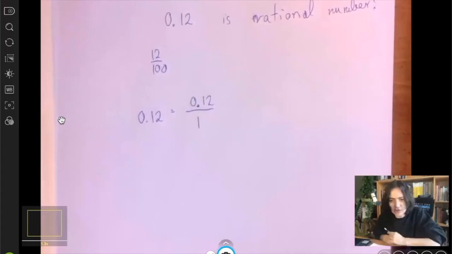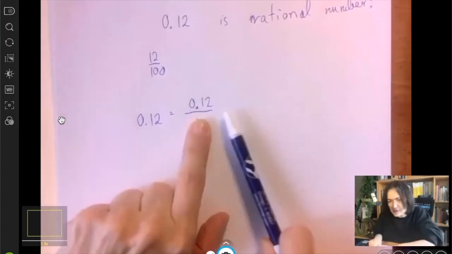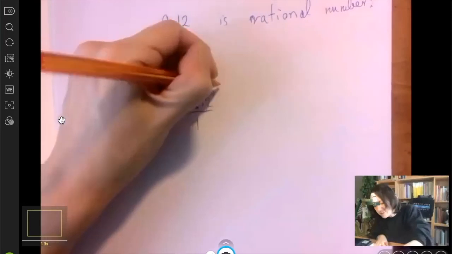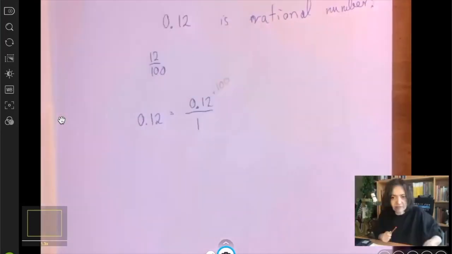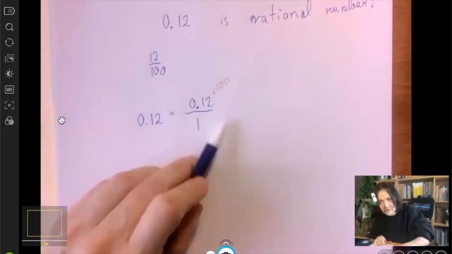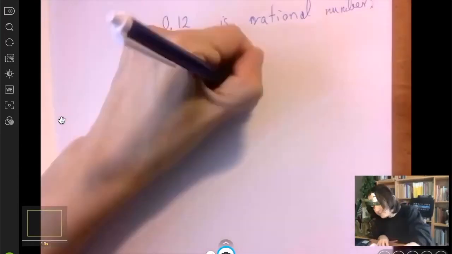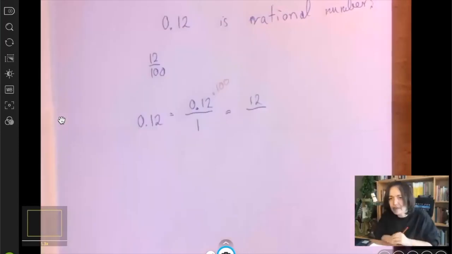So what number would you want to multiply this by so that after multiplication, it's an integer? I'd go with 100, right? If we multiply this number by 100, we get 12. Multiplying by a power of 10 is a matter of moving the decimal point, right? But now we kind of made a commitment. If we don't want to change the value of this fraction, we have to multiply the denominator by the same thing.